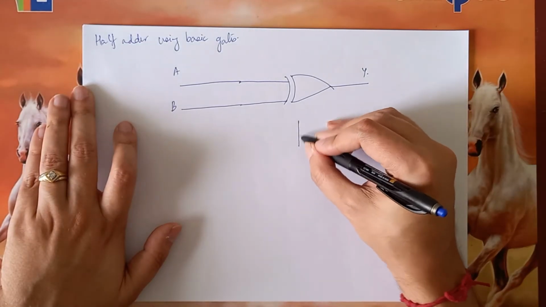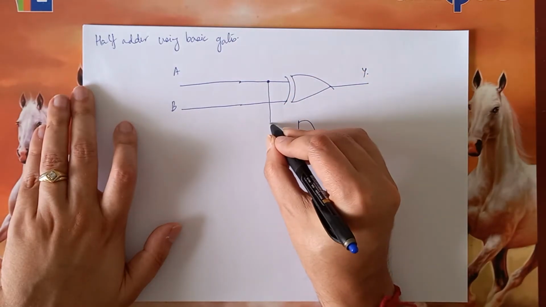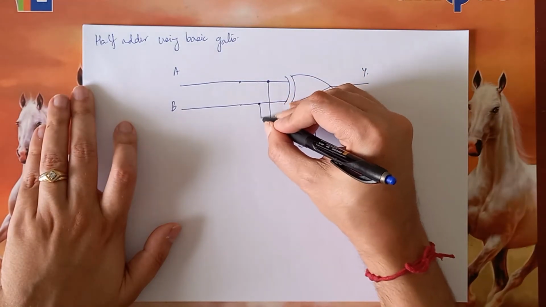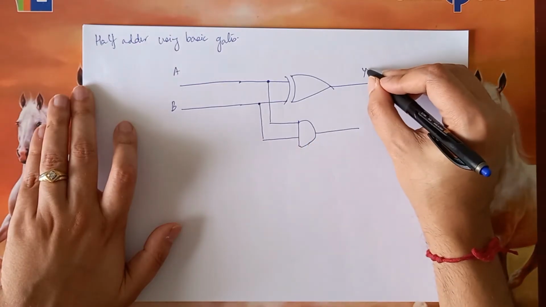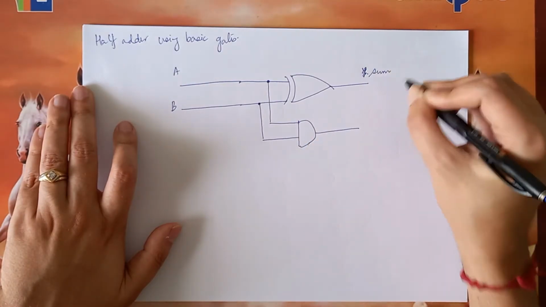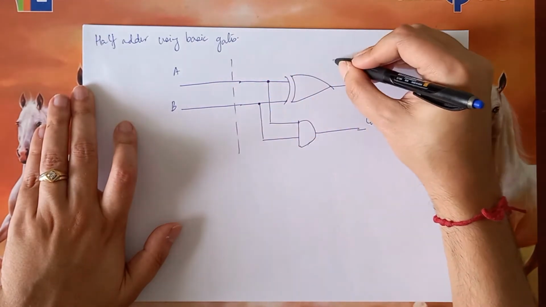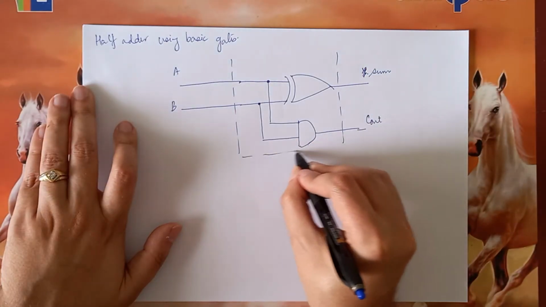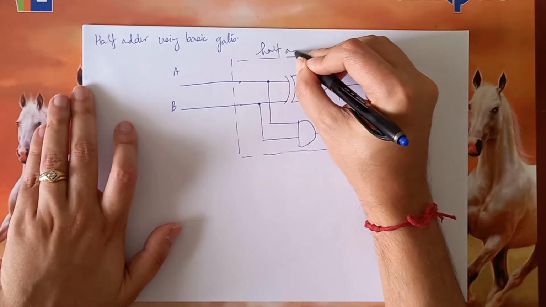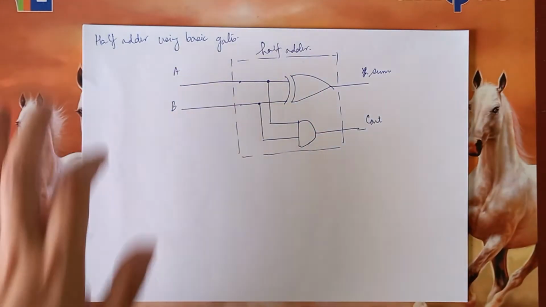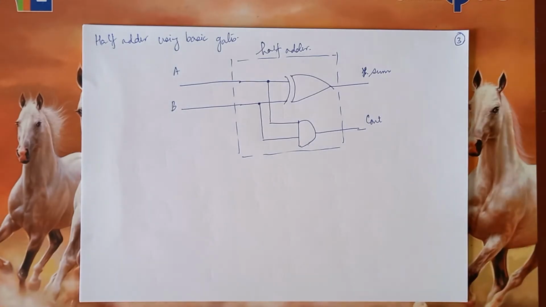And we will need an AND gate. Sorry, this should be sum and this should be C out. So therefore, this circuit inside this dashed box is a half adder. As simple as that.